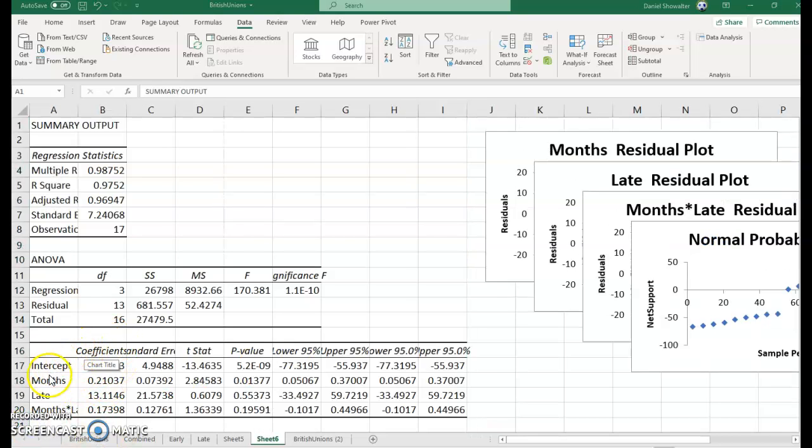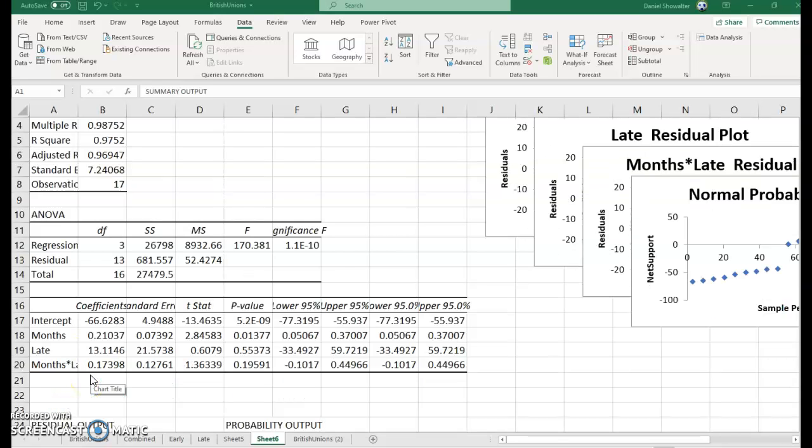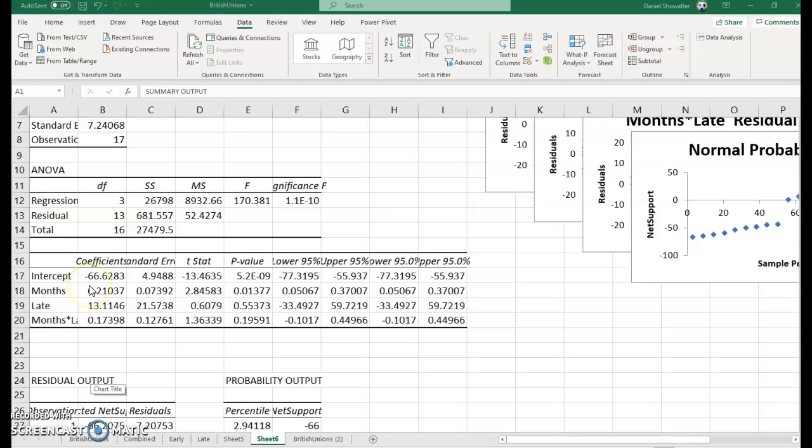Okay, so our model here is starting to gain some terms, but the interpretation really isn't much different. So our predicted net support would be this negative 66.6283 plus number of months since, again, whatever that was, August 1975 or something, August 75, times this number, plus the late, which would be a 0,1 indicator variable, times this 13, plus this interaction term times 0.17398.